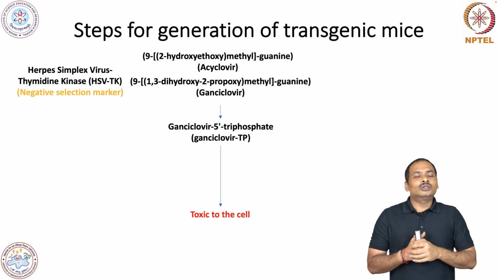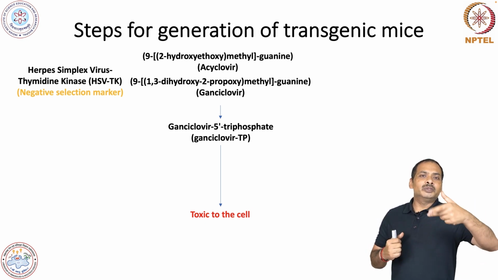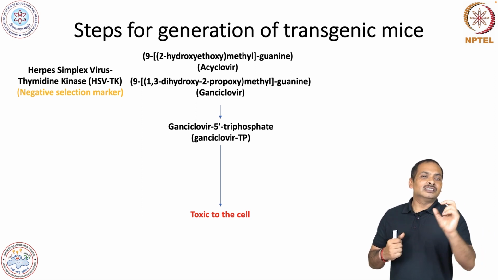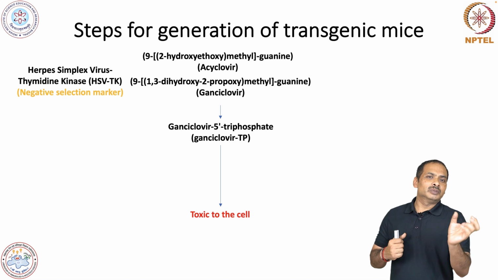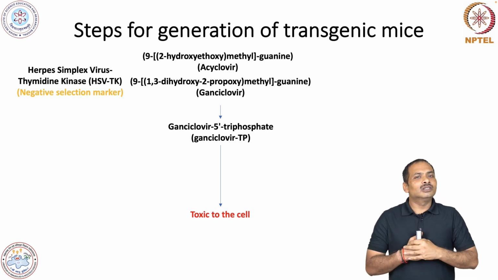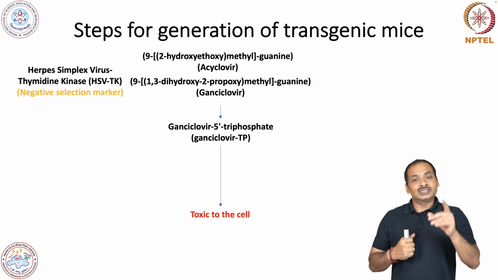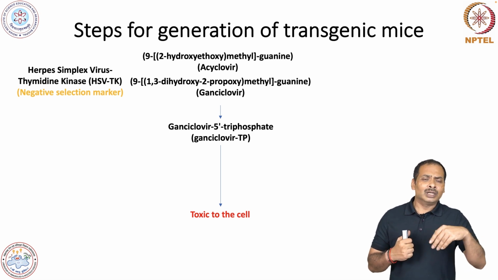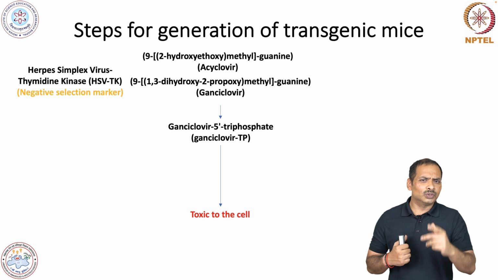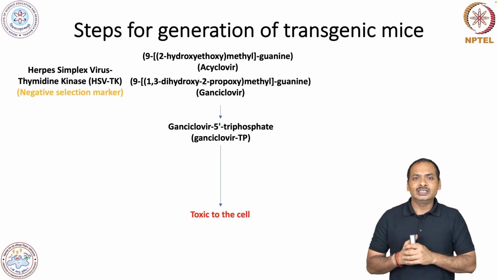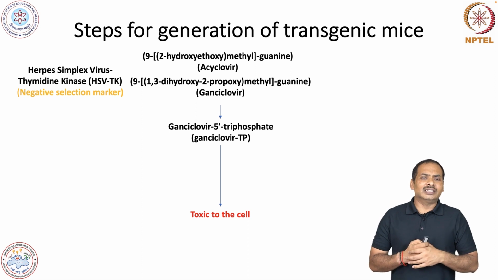So, if there is a perfect homologous recombination, then the HSV-TK gene will be kicked off, and only the neomycin gene will remain there. Okay. So, the cells which are growing on G418 as well as ganciclovir, they are the correct cells. Okay. So, in that way we can select.